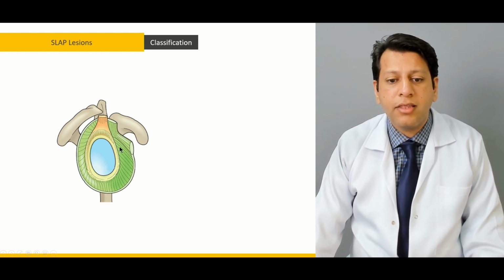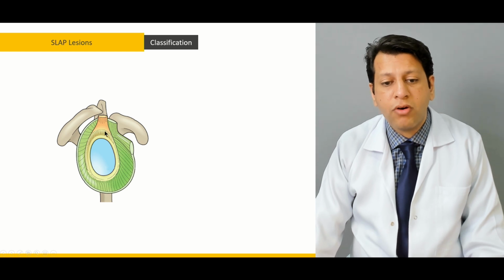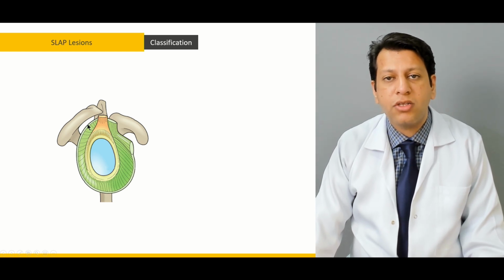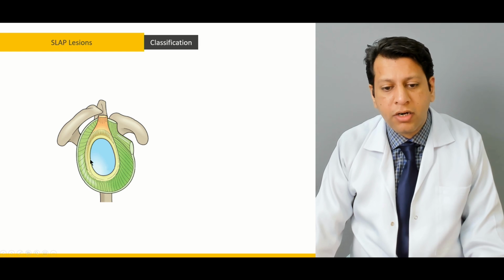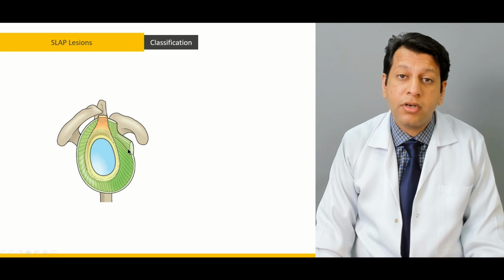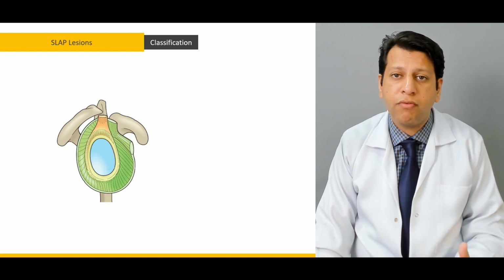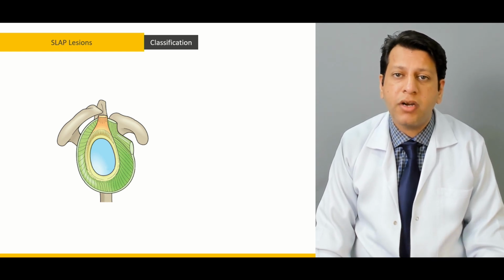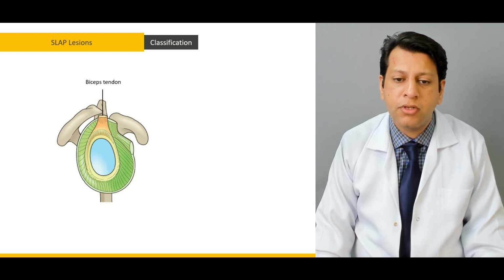Other lesions start at the superior labrum, but then spread all along into a round shape. Primarily there are only 4 classifications, but it has been modified into almost 10 types.